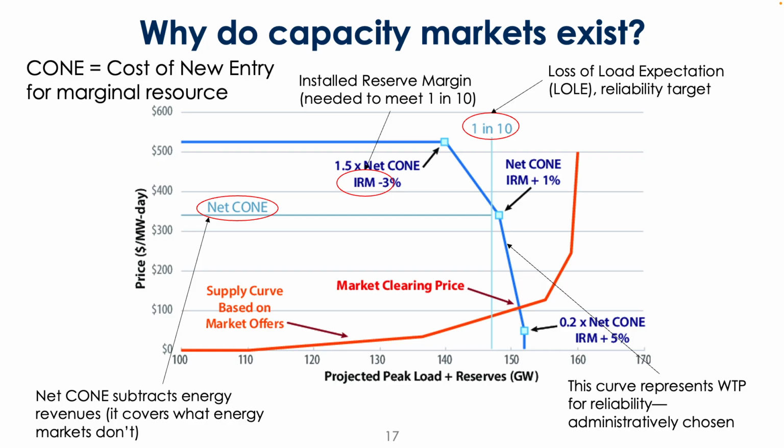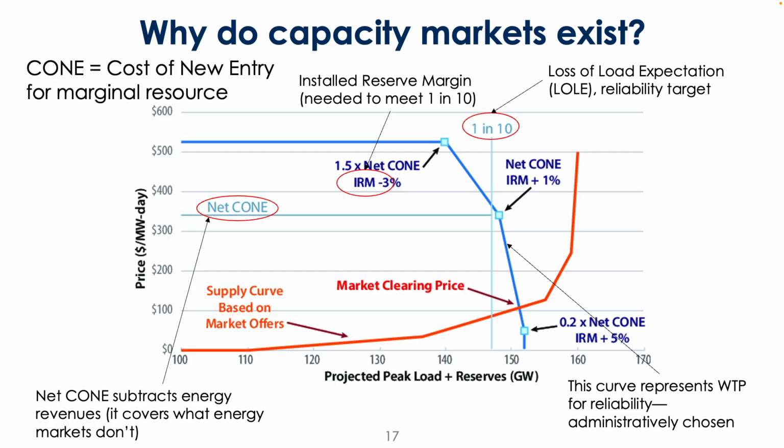So, if I'm getting this right, IRM is the extra margin that you would need above your peak load. IRM is, I guess you can think of it, well, what are you referring to with peak load? Like the 1 in 10 peak load or like an average peak load or something?